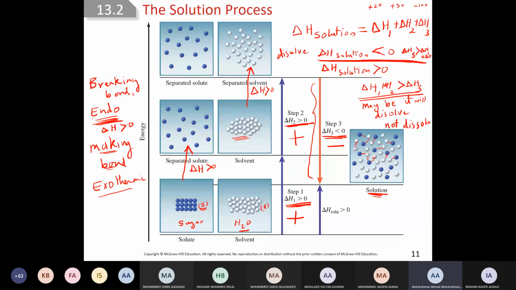The delta H solution is the addition of delta H1 plus delta H2 plus delta H3, and always this will be positive, and this will be negative. If the total value is less than zero, then definitely it will dissolve in water. But if delta H1 and delta H2 is greater than delta H3, then the total will be positive, and maybe it will dissolve, maybe it will not. There is another reason, I will talk about it in a while.